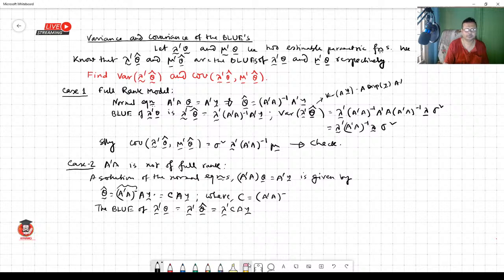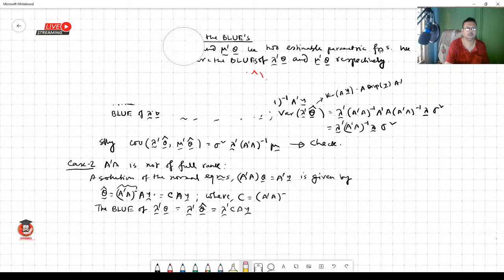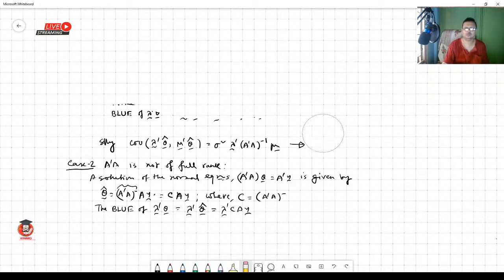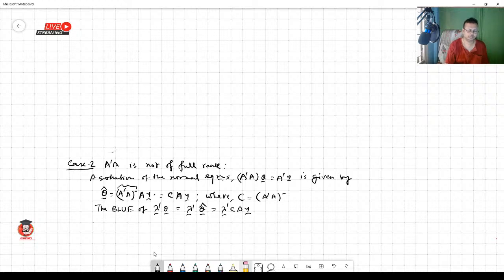Now variance of lambda curl prime theta curl hat is equal to variance of lambda curl prime C A prime y curl, which is equal to sigma square lambda curl prime C A prime, actually C A prime transpose, I think it is a transpose. Okay, please rectify this thing.